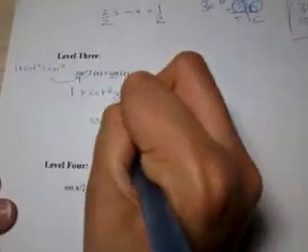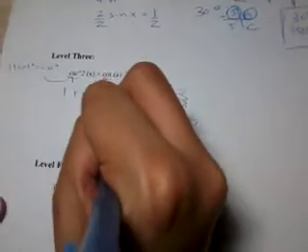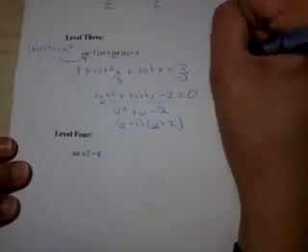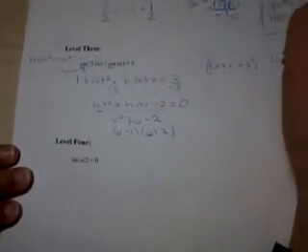So u squared plus u minus 2, which factors into u minus 1 and u plus 2. And then we substitute cotangent for u. So it's going to be cotangent x minus 1 times cotangent x plus 2.